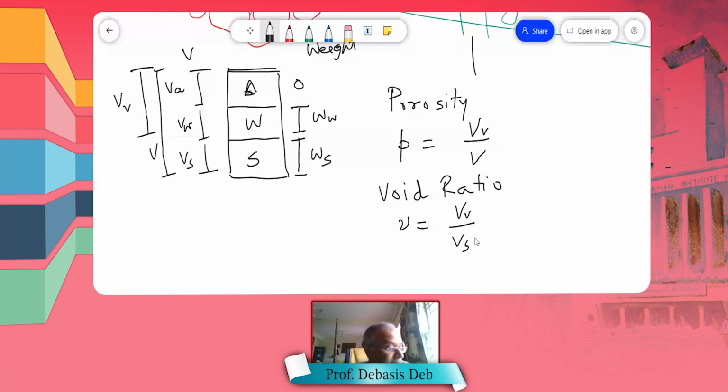Okay, so I can quickly write, the porosity is equal to, you can prove it also, e by 1 plus e. By this definition, this is basically e. So porosity is equal to e by 1 plus e. How will we prove that? You can prove it, right?